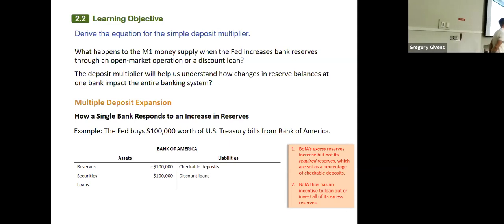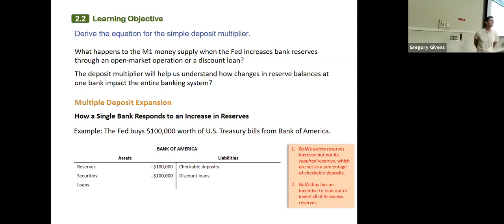Okay? Now, ask yourself, if you are the CEO or the CFO of Bank of America, what do you have an incentive to do if your excess reserves have now gone up by $100,000? Who was that? Speak up.